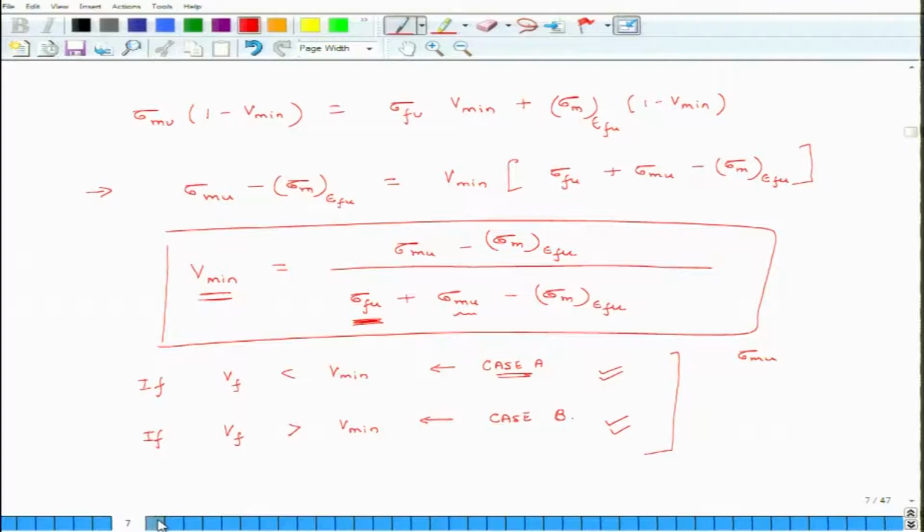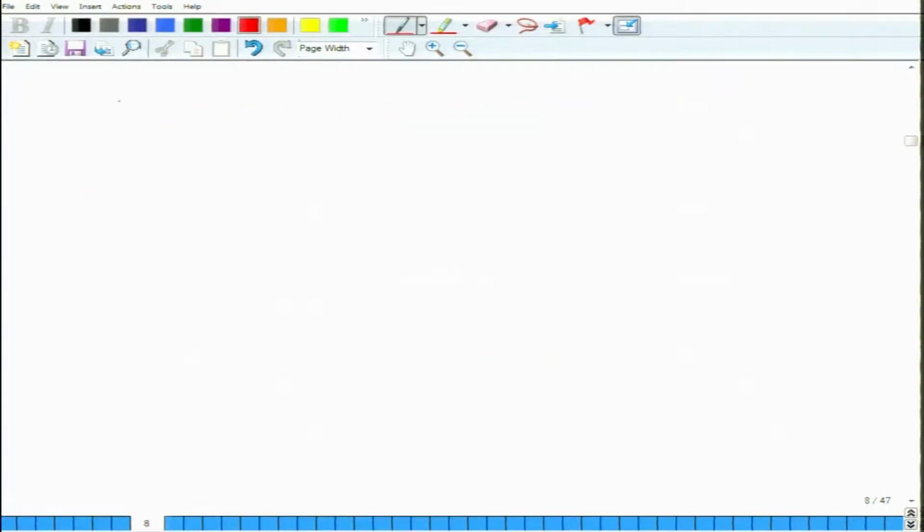Now, we will also define another expression called V crit, the critical volume fraction of the fiber.